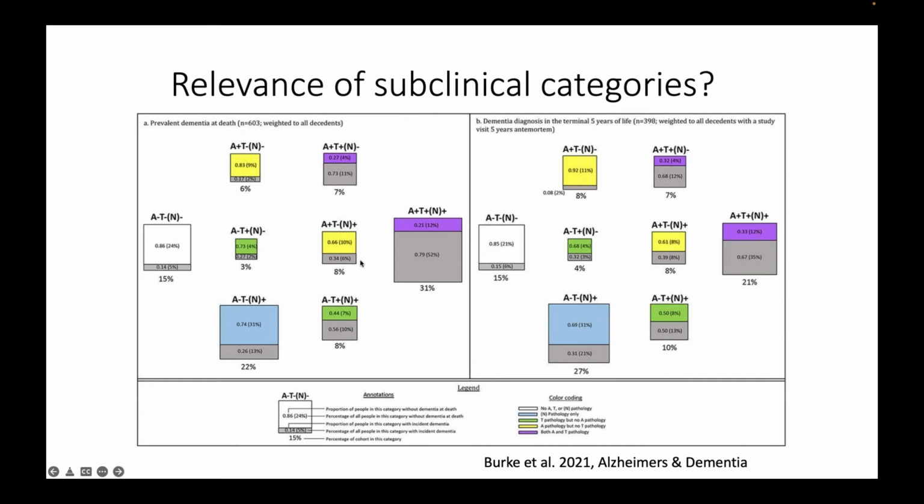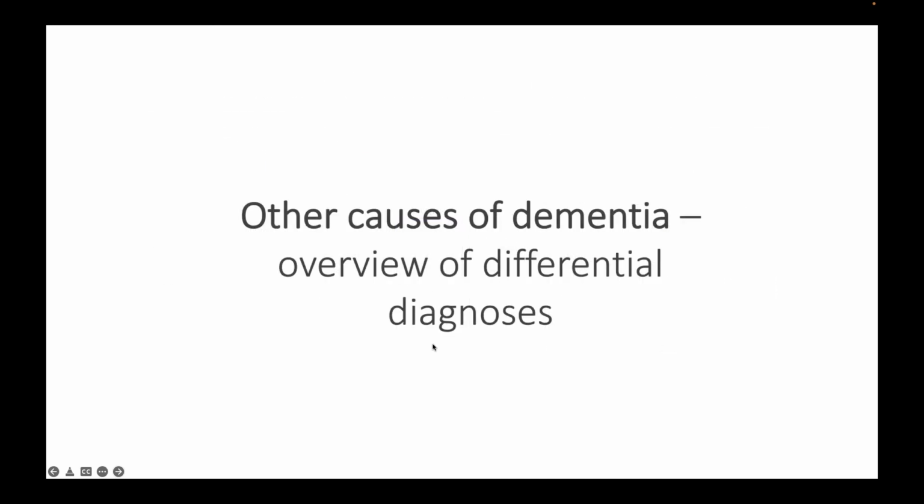But for the other groups, it's not completely sure. For example, the only A plus group has a low rate of people with dementia. And the three groups which are actually quite good in predicting the real appearance of clinical dementia are everything that contains positive tau pathology. So this is maybe one of the first studies, which I hope we will have more of in the future, that help to understand these groups in more detail.